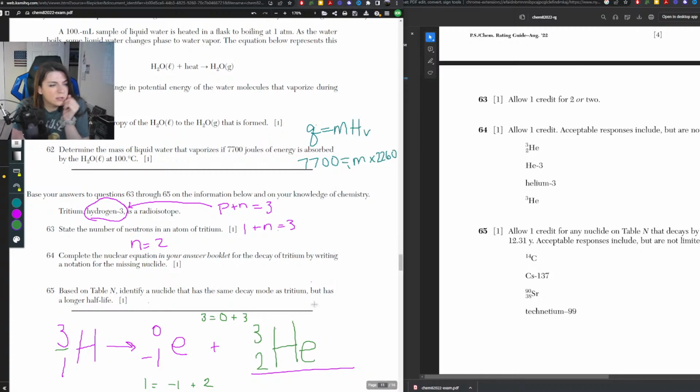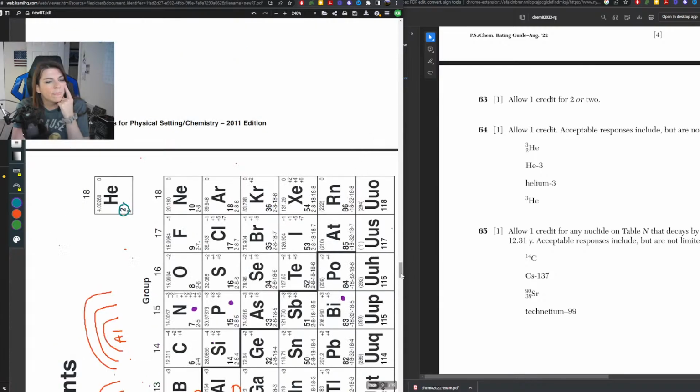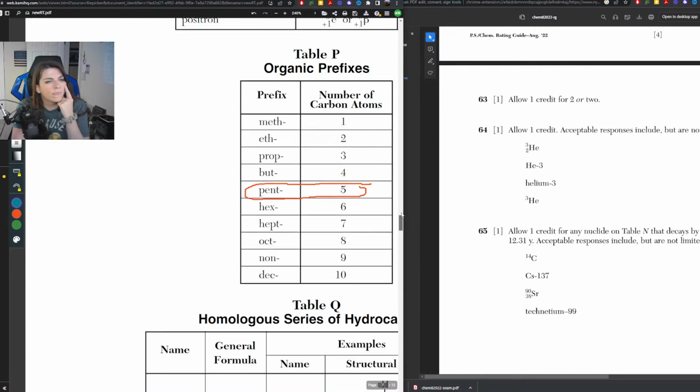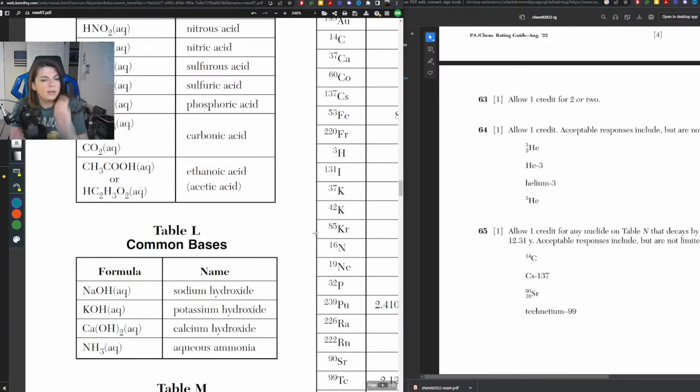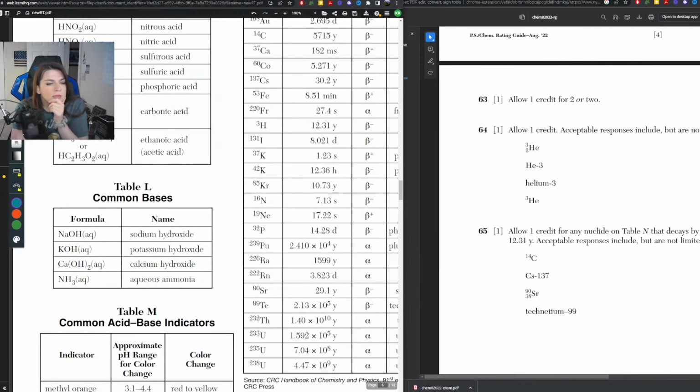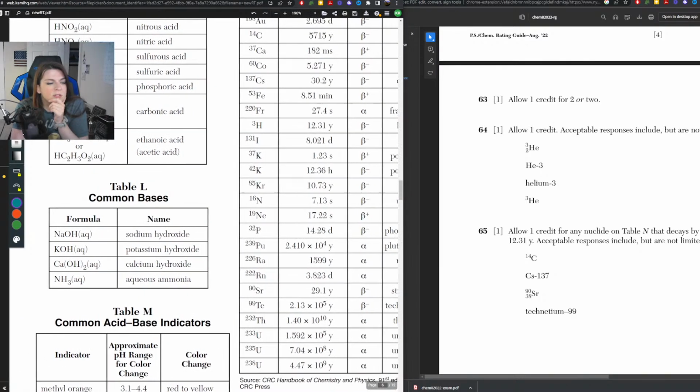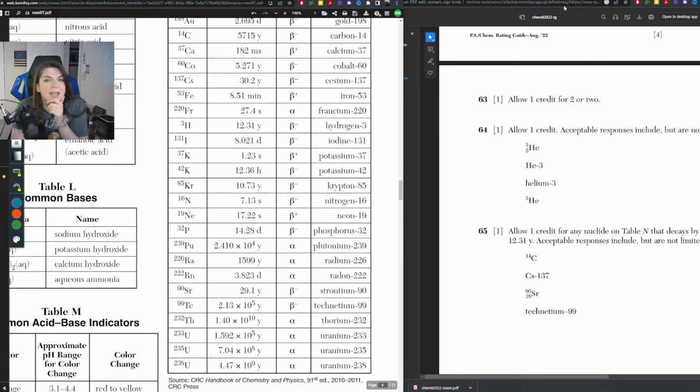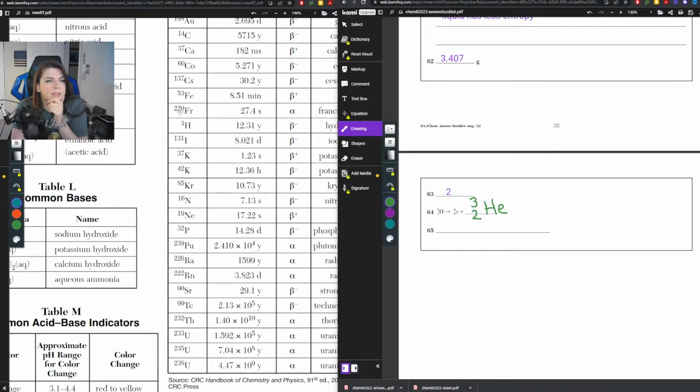Okay, 65. Based on table N, identify a nuclide that has the same decay mode as tritium but has a longer half-life. Okay, so we're going to table N. Because it specifically told us to go to table N, which is fantastic because we love when that happens.